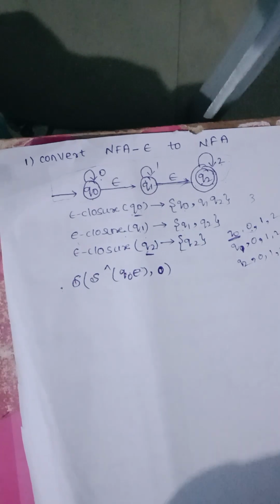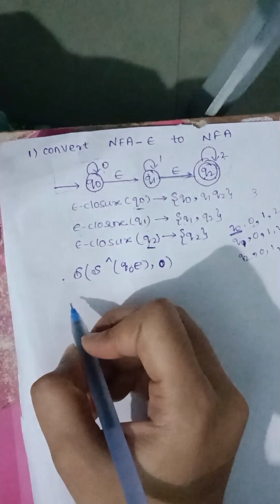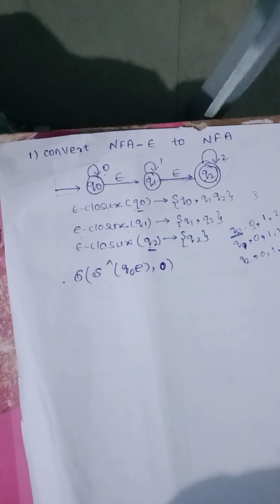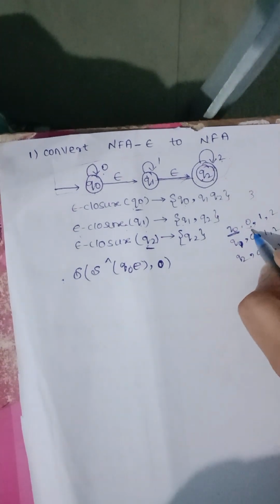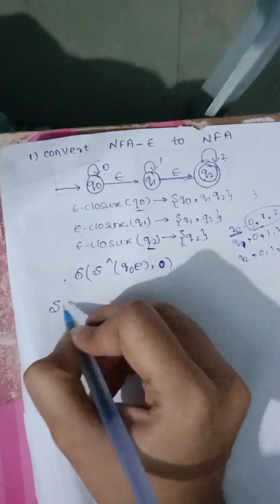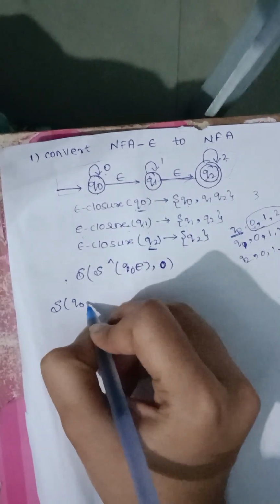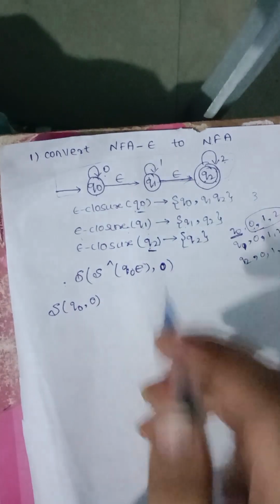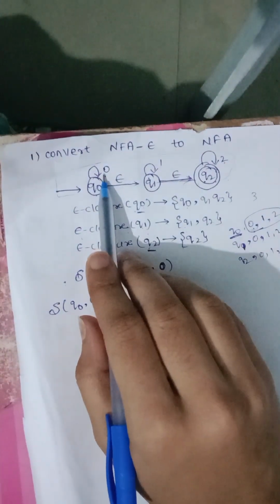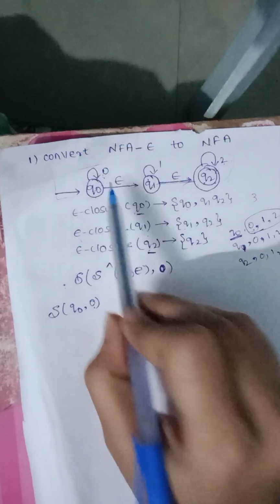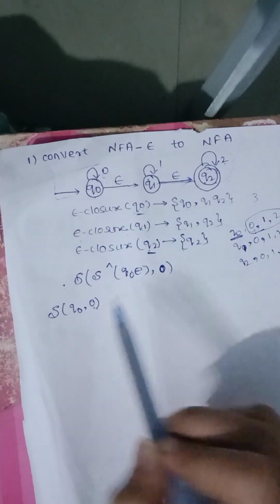So the second step is to find out for every state with every input, with these three inputs. The first one is delta of Q0 comma 0. If there is an a, then we add the a input here. Here it is 0, so we are checking with 0 only.